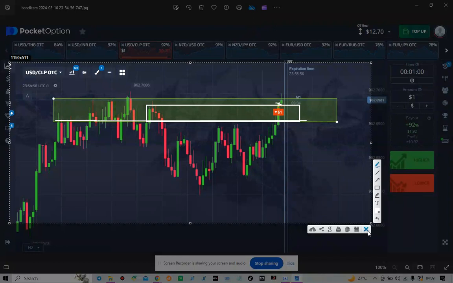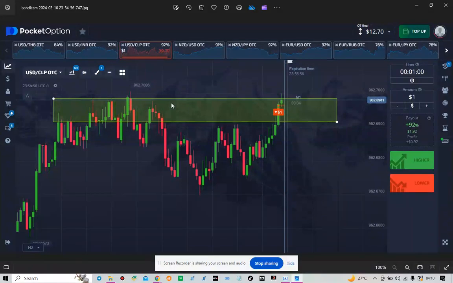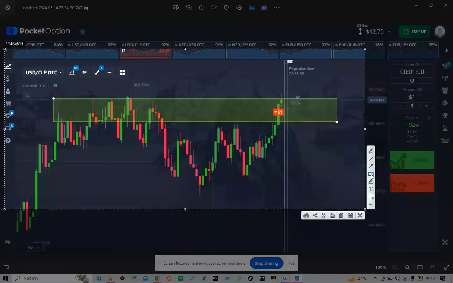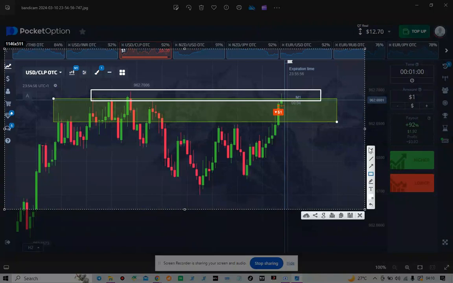But what I did next is that, as the market doesn't respect the supply zone, I use the resistance zone. The resistance zone is located here, from here to this high. What I need is to wait for the price to close inside the resistance zone, then enter the trade on the next candle.